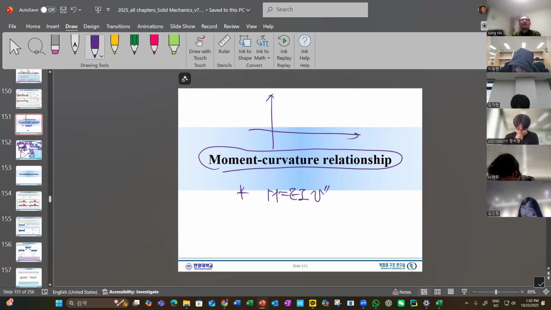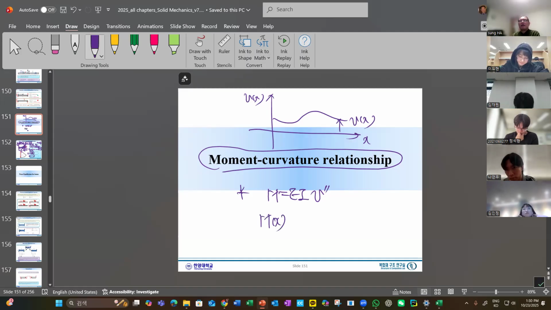We have a deflection curve v(x). Now let's say we have a moment distribution. Moment can vary along x, and EI v double prime is also a function of x. So at any cross section, the moment it carries is given simply by the curvature like that.